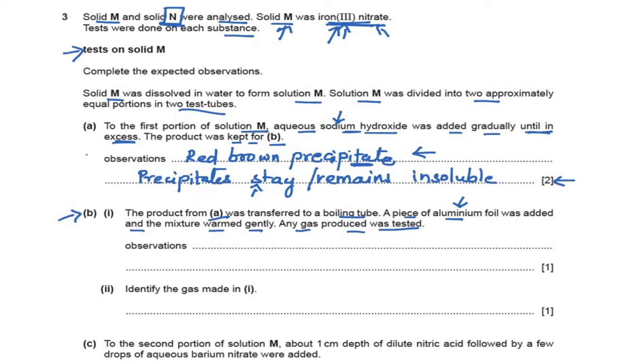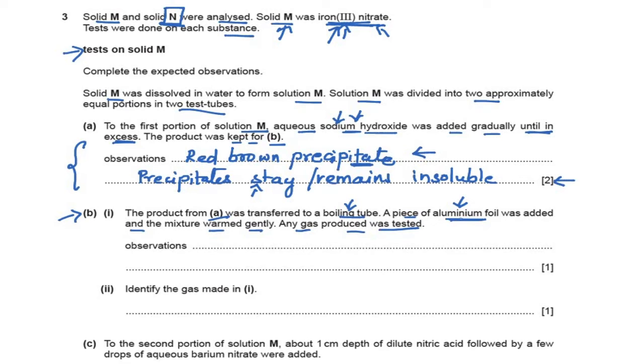The same solution from A is carried on. Here, if we continue with the same solution, then iron(III) hydroxide is formed, and the sodium hydroxide is also in excess. So we are heating the product in the presence of an alkali and aluminium foil.